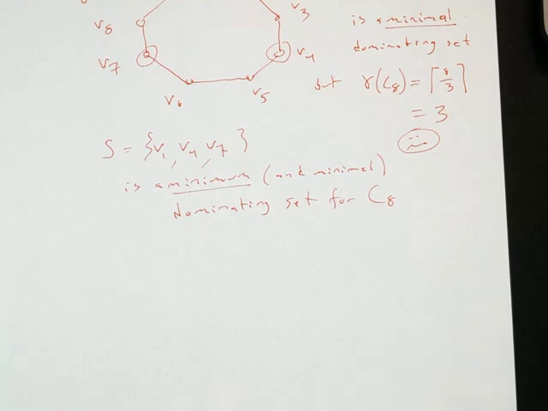If I have isolated vertices, we said it was the worst thing, right? Why? What's the problem with an isolated vertex? It only dominates itself, nothing else. Its closed neighborhood is itself.